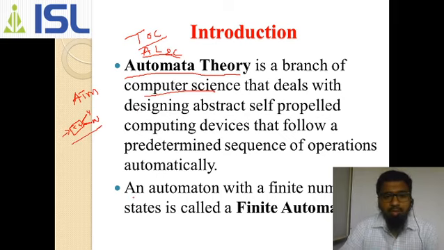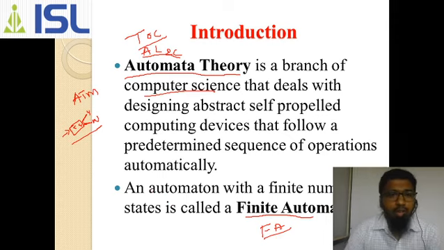Next point: an automaton with a finite number of states is called a finite automata, FA. This is very important. In automata theory there is finite and also infinite.